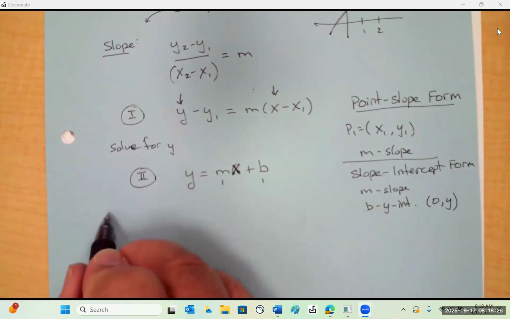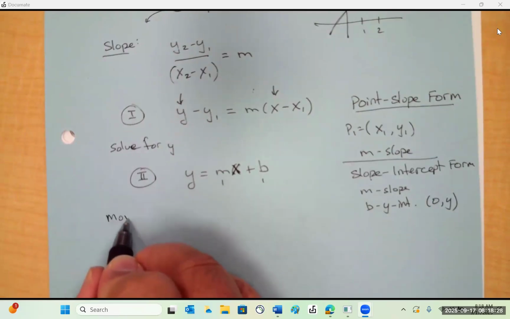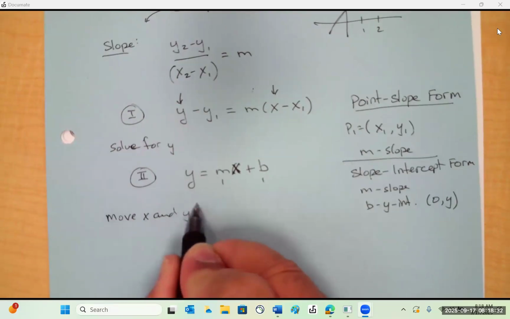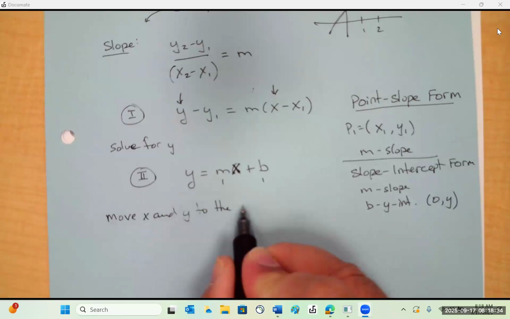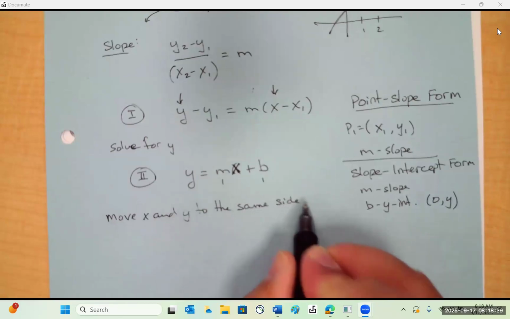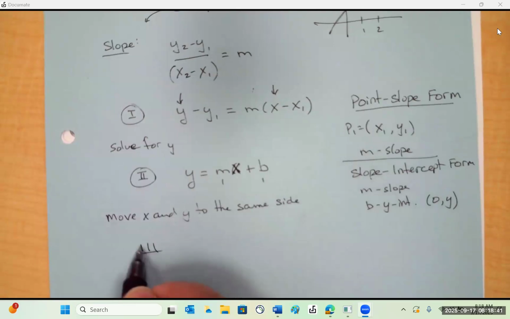Then from here, move x and y to the same side, we get the third equation.